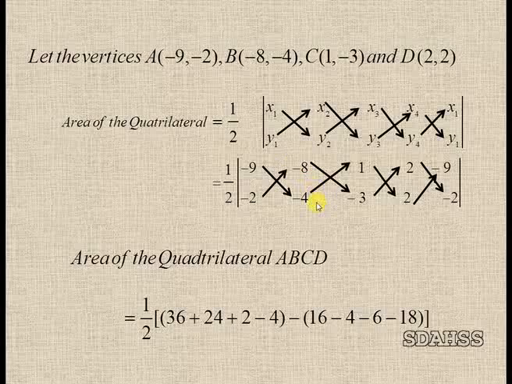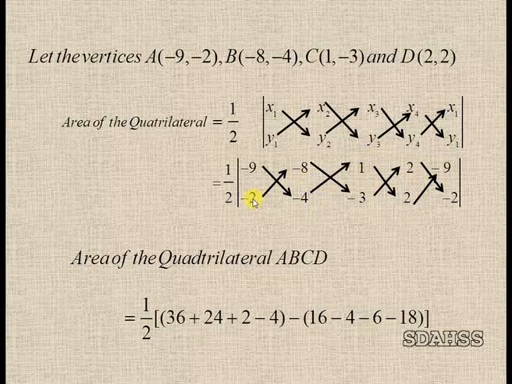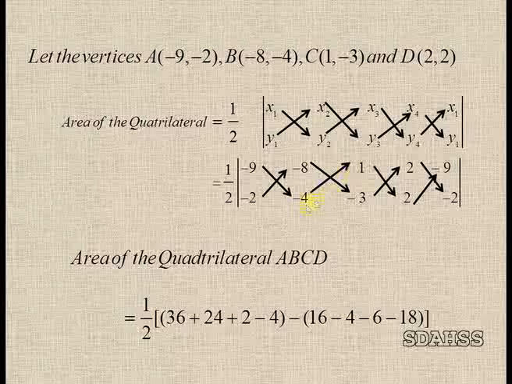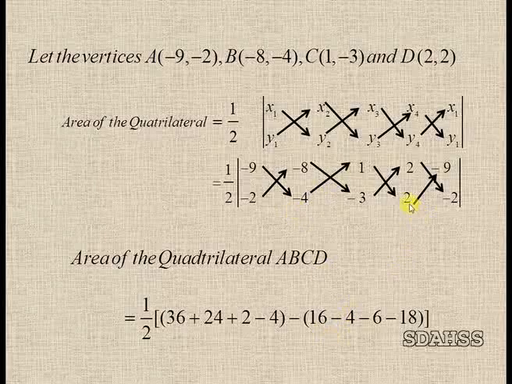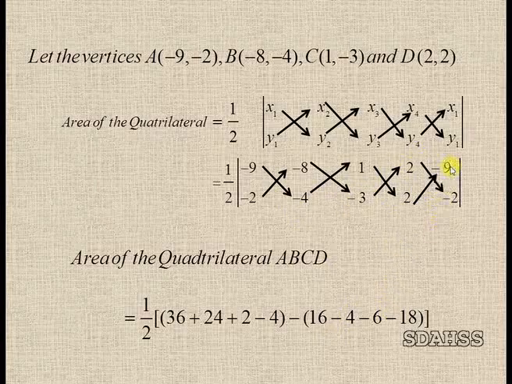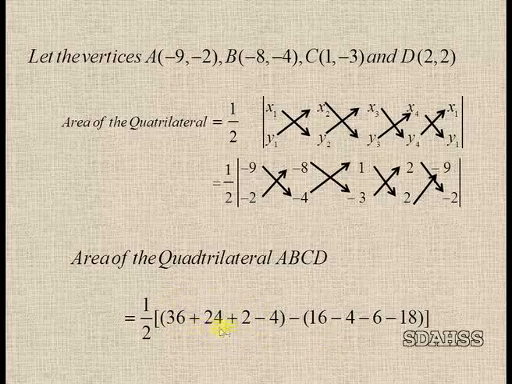Afterwards multiply in this direction. Minus into minus, plus: 2 8s are 16. Plus into minus, minus: 1 into -4 is -4. Then 2 into -3 is -6, -9 into 2 is -18. Then add these three numbers and subtract the fourth one.